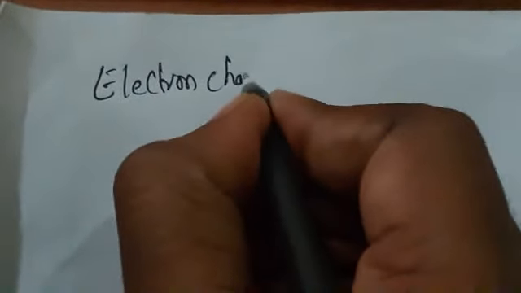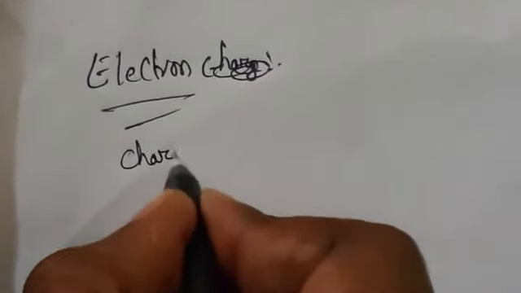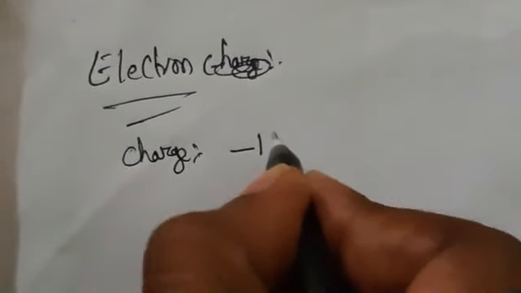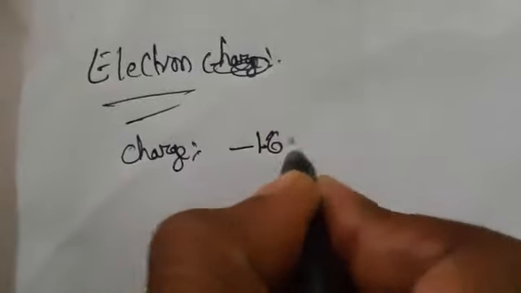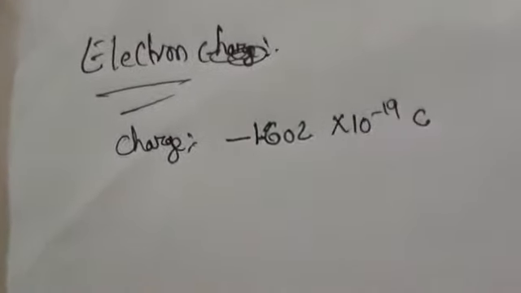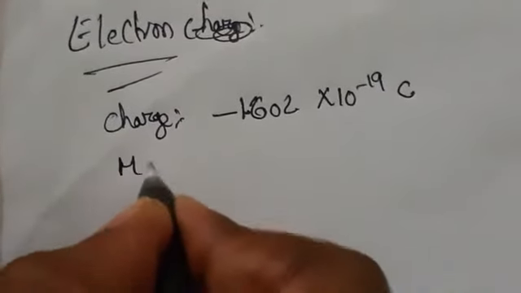What is the charge of the electron? The charge of the electron is minus 1.602 into 10 to the power minus 19 coulombs.